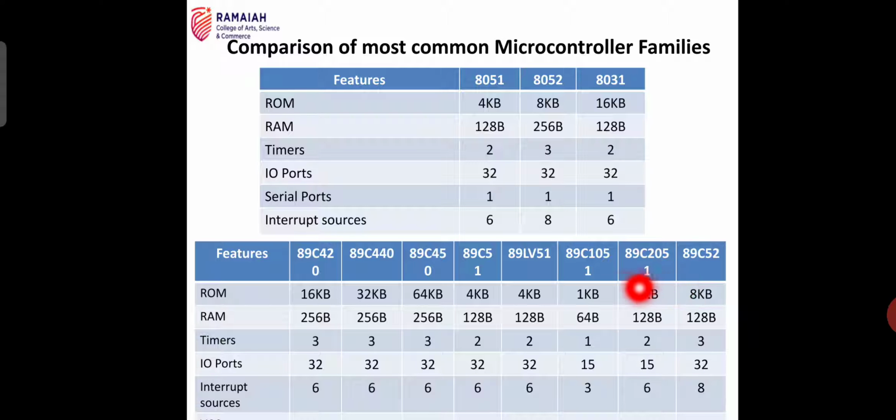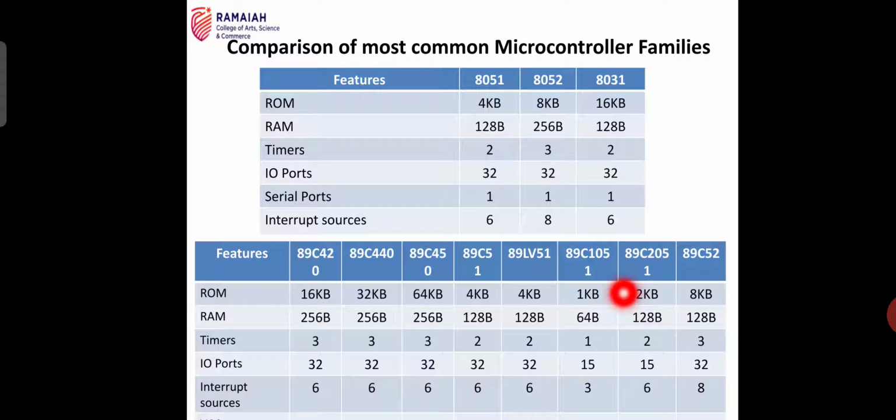So among all these microcontroller families, based on your application, program size, and requirement of timers and peripheral devices, you can select a suitable microcontroller. If your program size is very small, you can go for the 89C1051 Atmel microcontroller, because it has very little program memory and data memory, with only one timer, 15 IO ports, and very few interrupt sources.